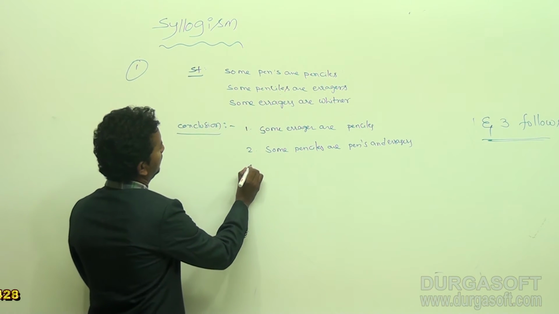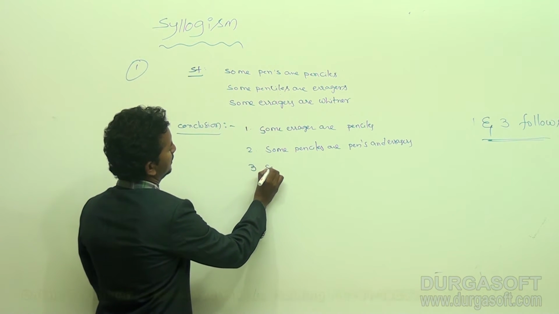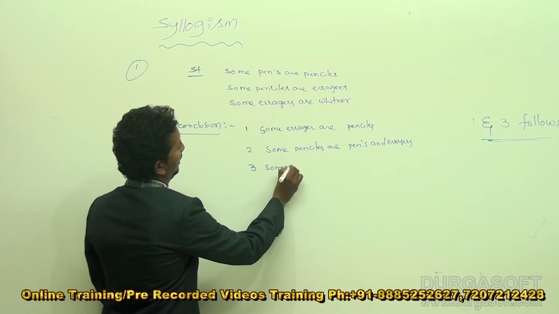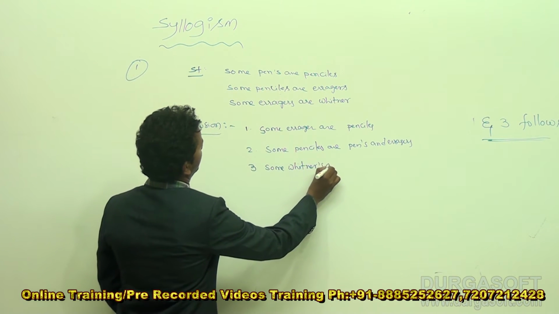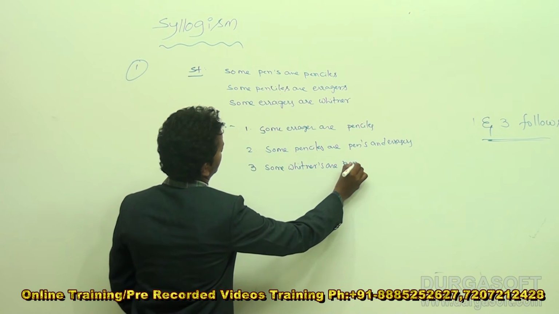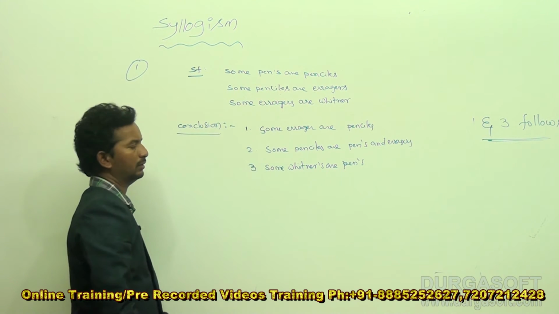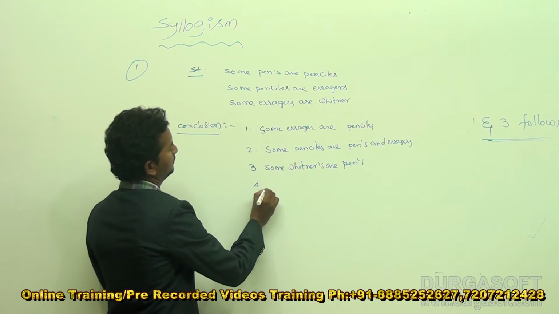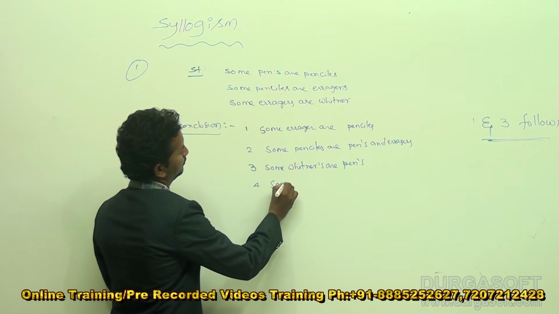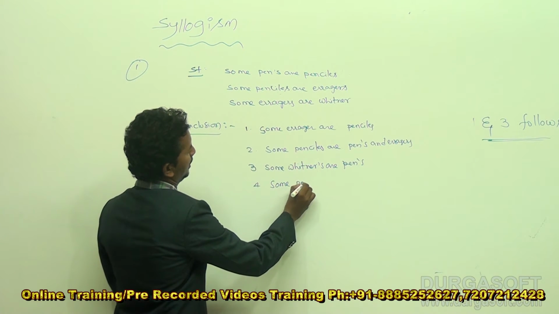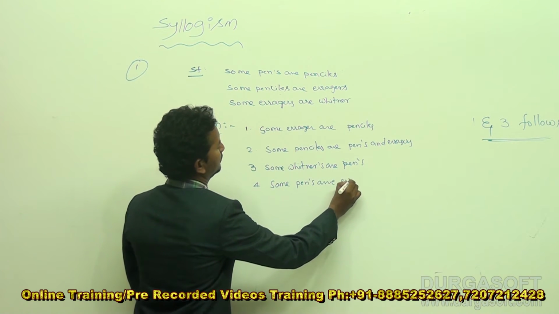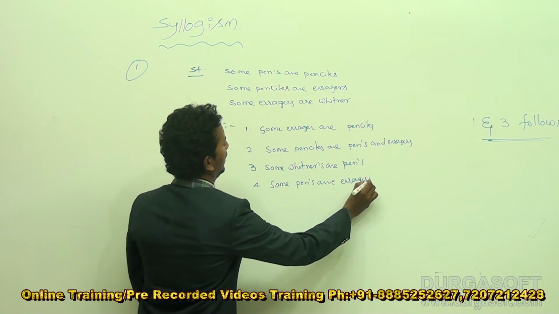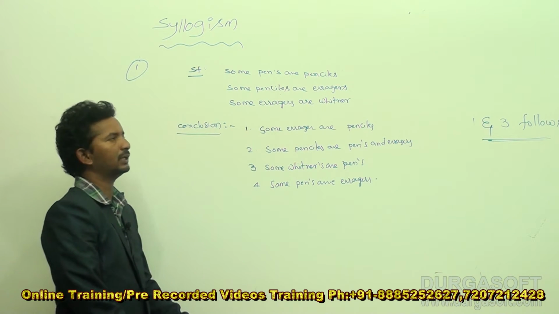Coming to the third one, some whiteners are pens. Coming to the fourth one, some pens are erasers. Okay, these are the conclusions.